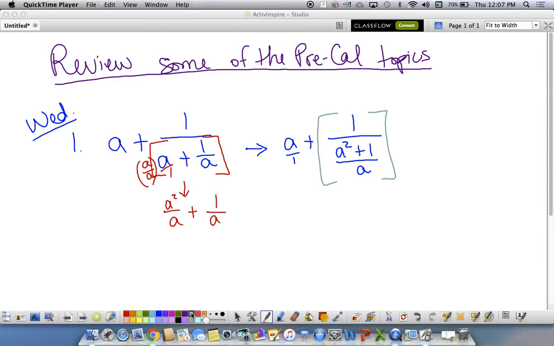It's 1 divided by this other piece. Big deal, it's not 1 over A squared plus 1 over A over 1. That 1 is not there. That's not your complex fraction. It really is 1 over 1 divided by this.